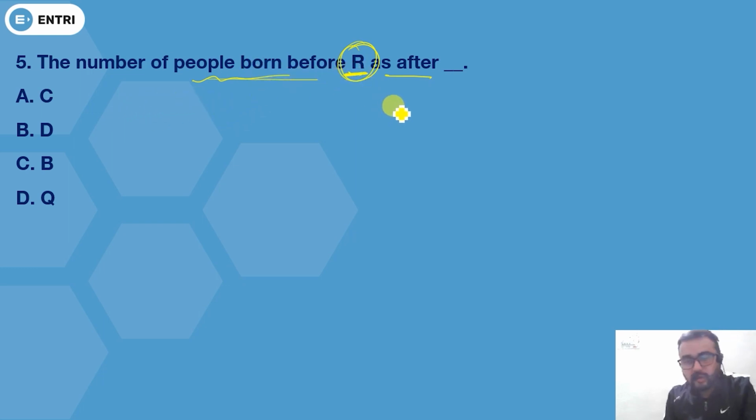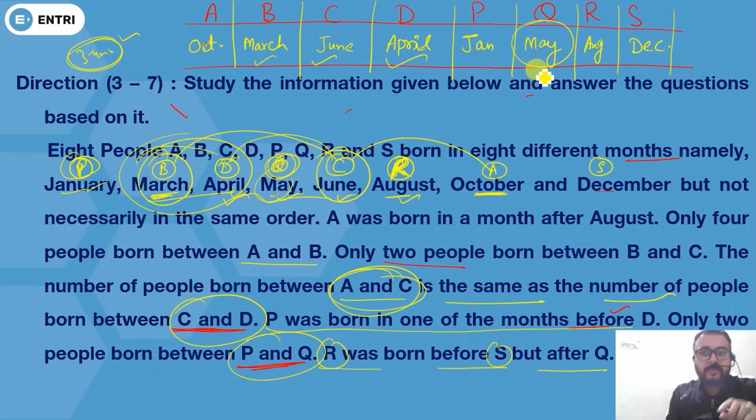So first of all, we need to count the number of people before R. So here this one is R. Okay, so before R, how many people were born? See one thing, if you are making this table according to this sequence, you can make a mistake here. How can you make a mistake here?